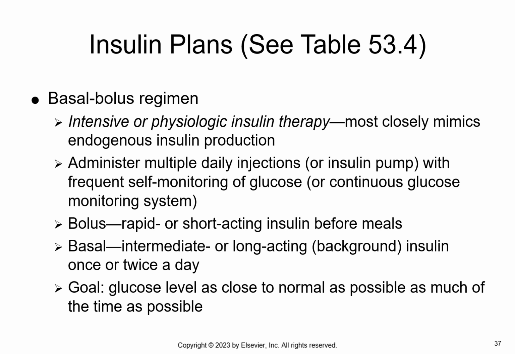The goal is to achieve a glucose level as close to normal as possible as much of the time as possible. We refer to this as time in range. Other less intense plans can promote healthy glucose levels for some people. Ideally, the patient and the healthcare provider work together to choose a plan.